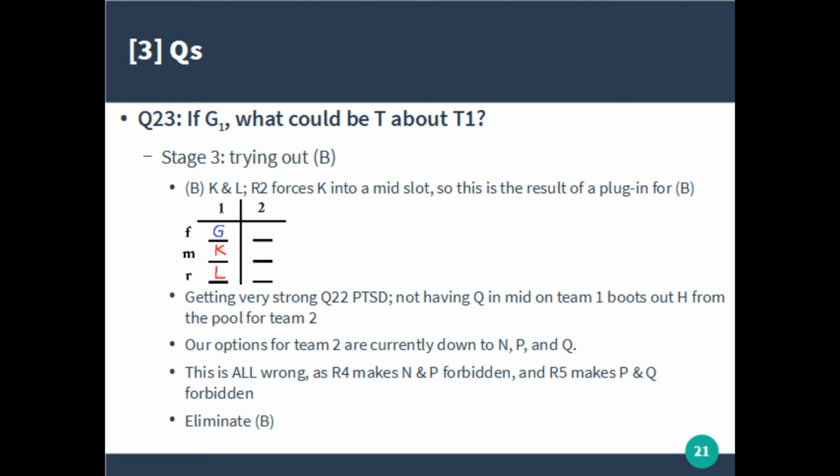So that does pull H out of the running, and that leaves us with just N, P, and Q to work with. All 3 of those would have to find a way into Team 2, and rules number 4 and 5 make that physically impossible. We just can't put those 3 things together. There are too many rules that forbid that. So B is not possible, and it is therefore not a could be true response, and it is not what we are looking for.